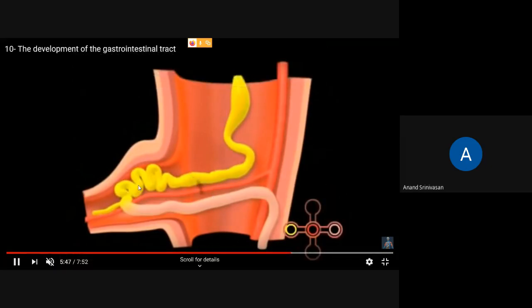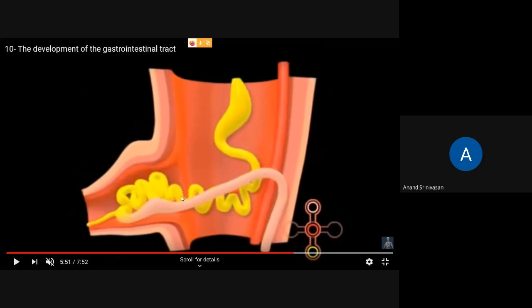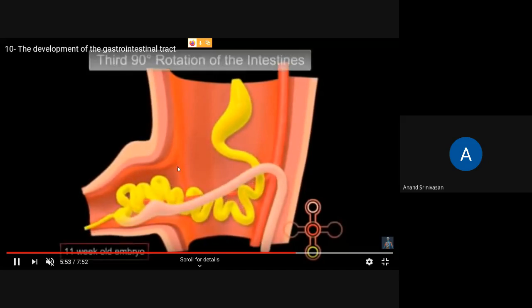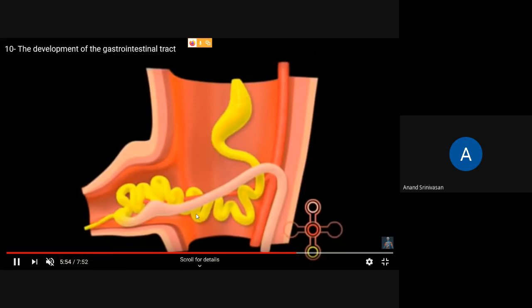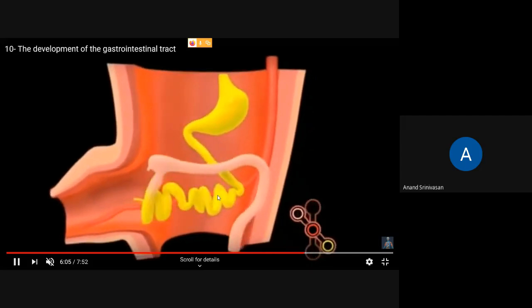During this rotation, the length of the cranial limb increases, and a bud develops, which is called the cecal bud. Then in the last 90 degrees, the cranial limb goes inside first, and then the caudal limb is taken inside. You can see that now.